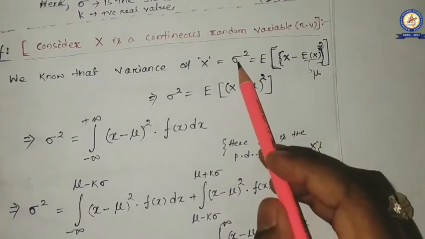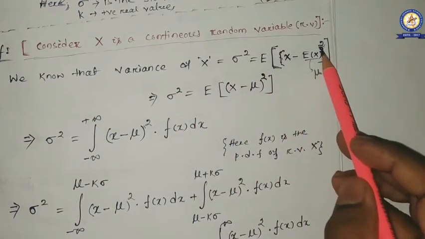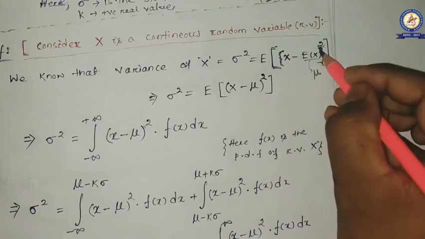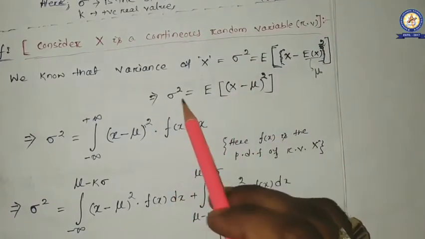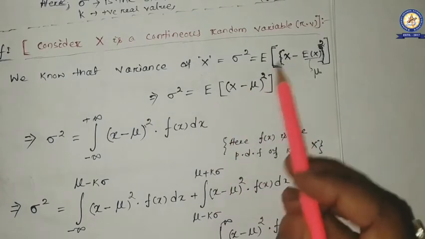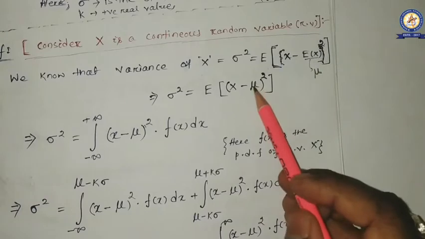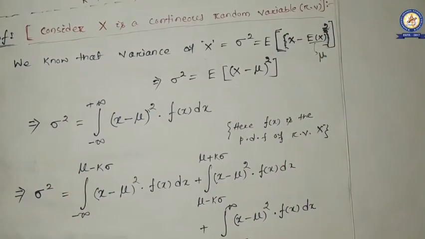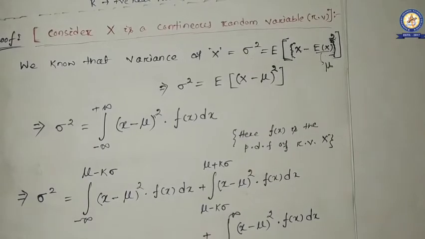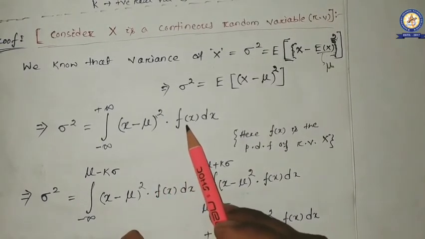So sigma square, or variance, equals expectation of x minus mu, whole square. That implies sigma square equals integral of x minus mu square into fx dx.